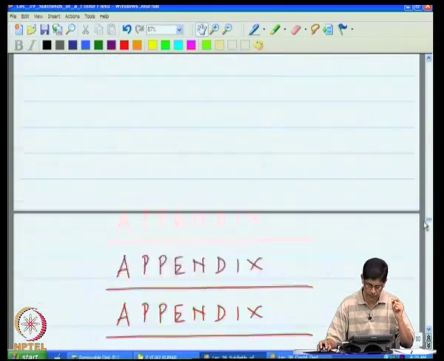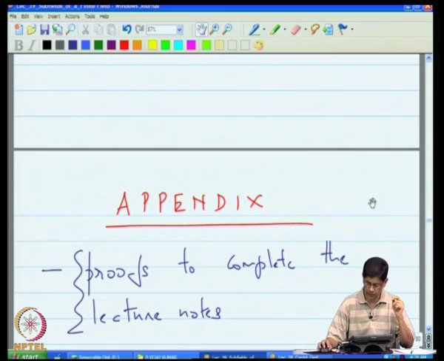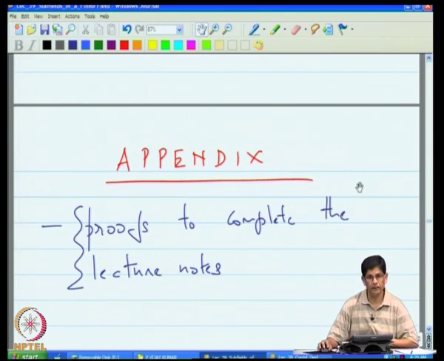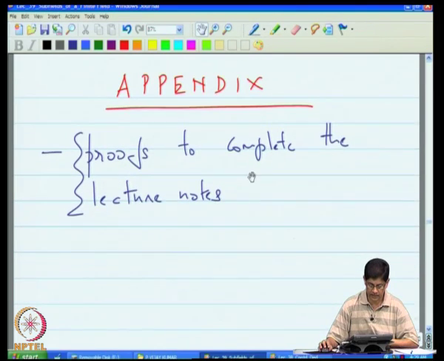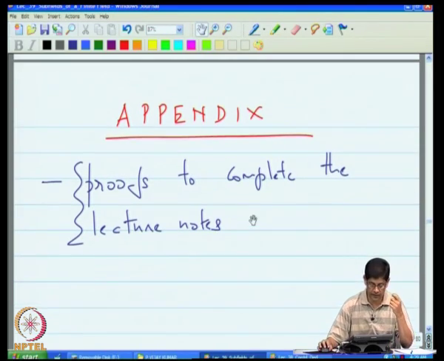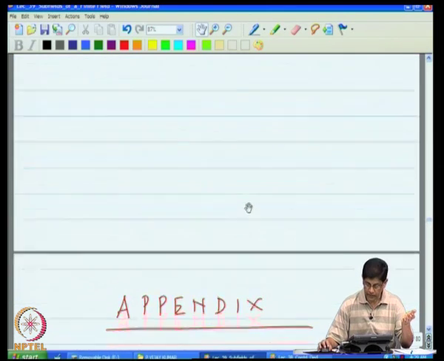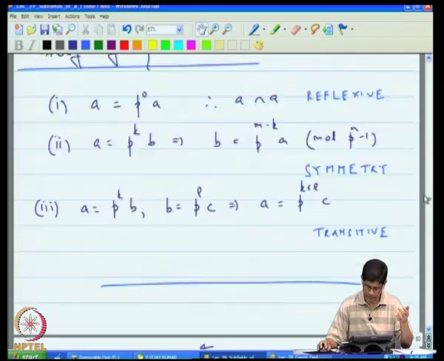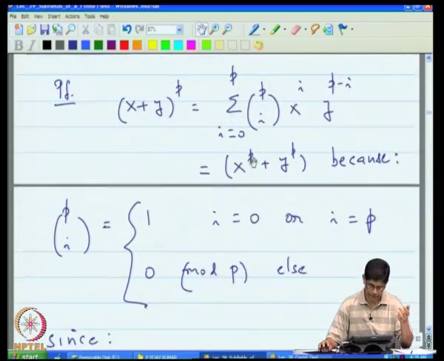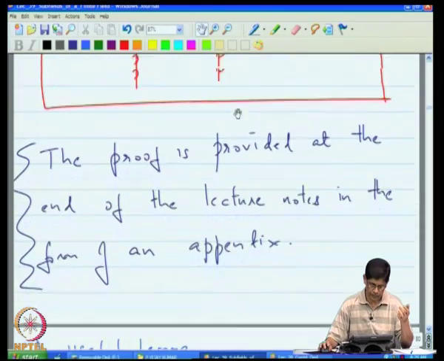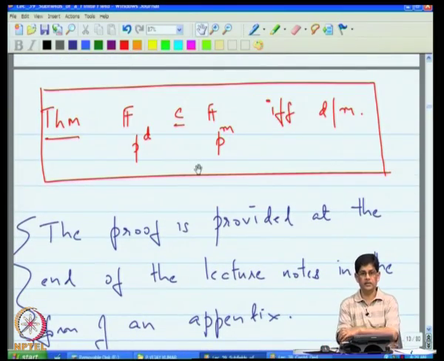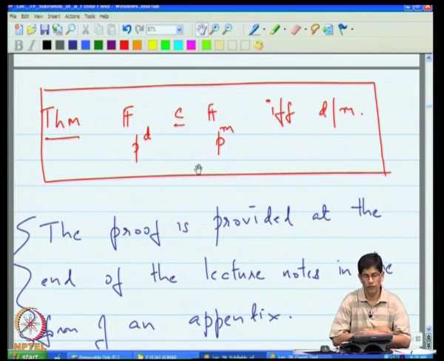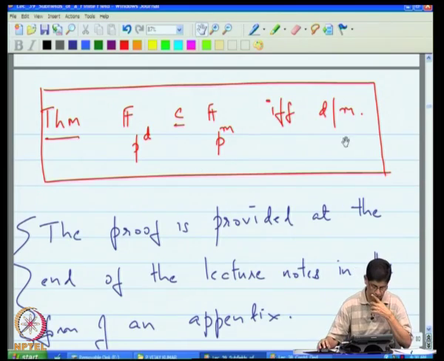If you go down, a little after the middle, you will see page 48 in my particular version, which says appendix, and this contains the proofs to the various theorems that appear in this lecture and whose proof is perhaps too long for us to go through at this stage. Okay, so let us get back to where we were. So basically this is the necessary and sufficient condition for a finite field to contain a subfield.